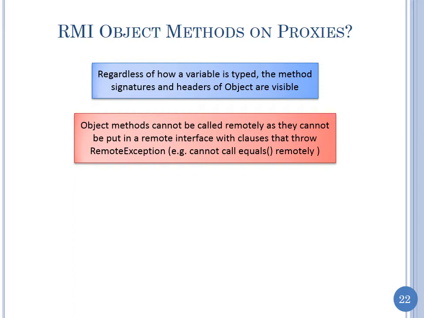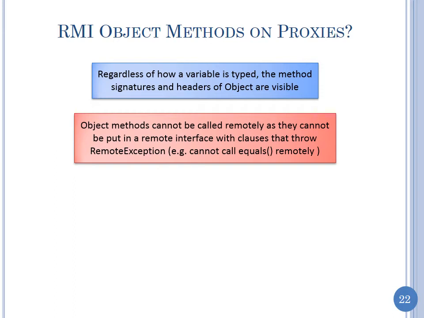It should be possible to call all of these methods on proxies. But we also know that when you call these methods on proxies, they don't go to the remote object. That means the RMI designer has to figure out what the meanings of these methods are when we are using proxies.